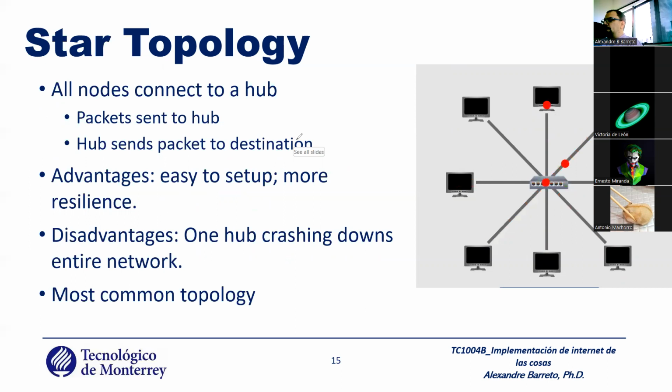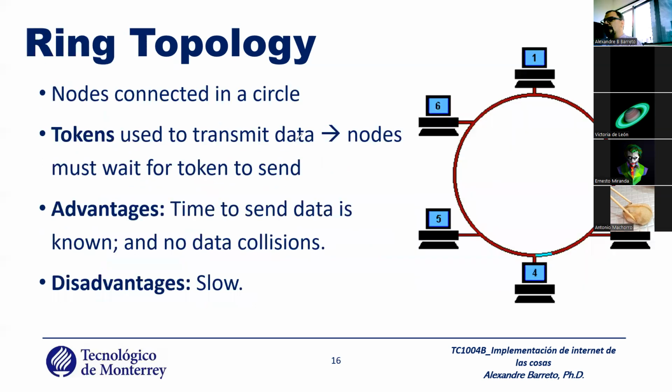It's a good topology to use, for example, in a local area network. A ring topology today you use most of the time in metropolitan area networks, where you need very high-speed links.